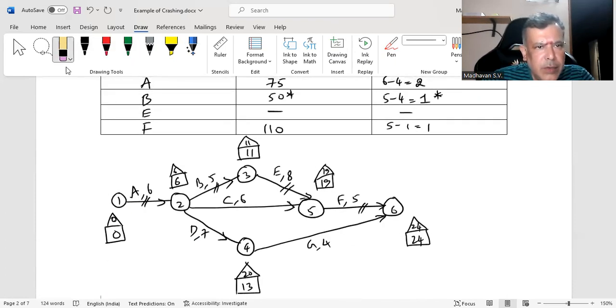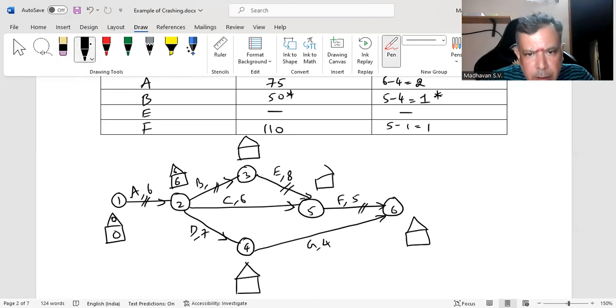Okay, we decided that we will crash this activity B by 1 day. So all of this will change now. Let me change it. So this B, earlier it was 5 days.